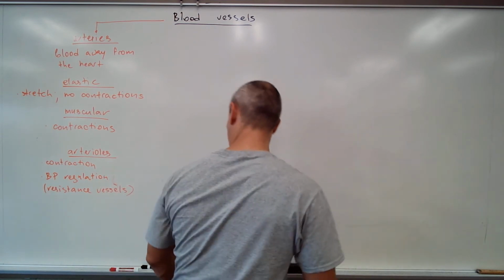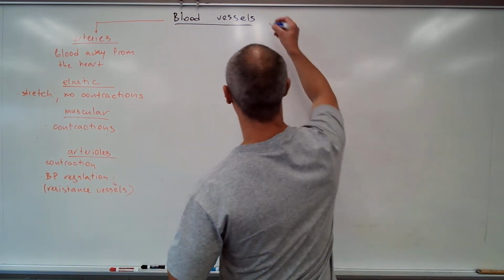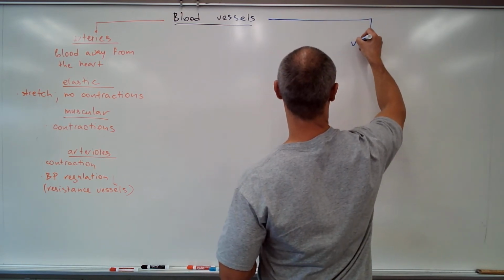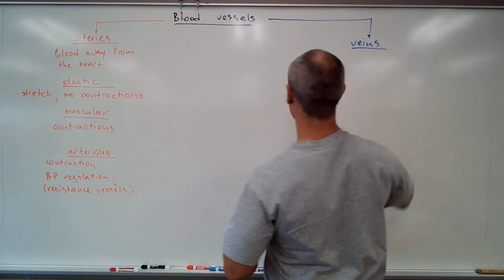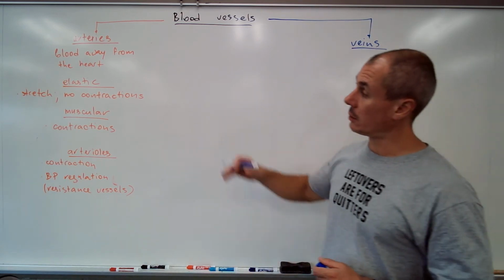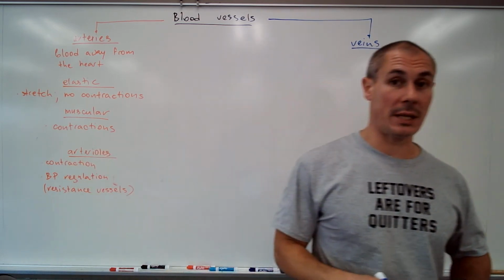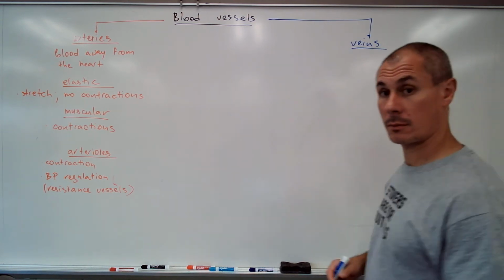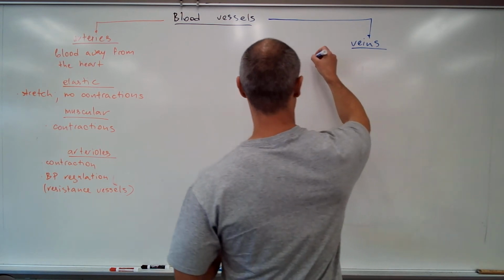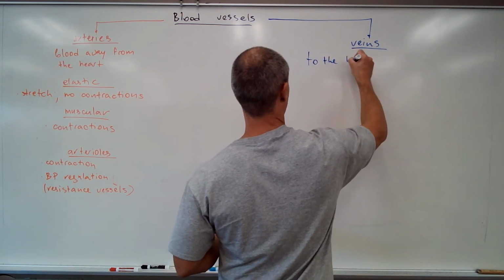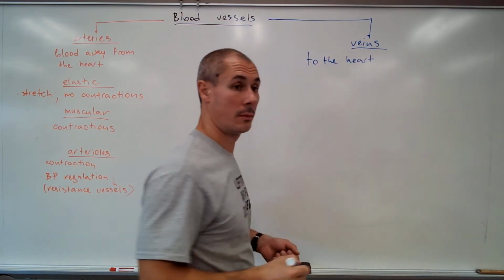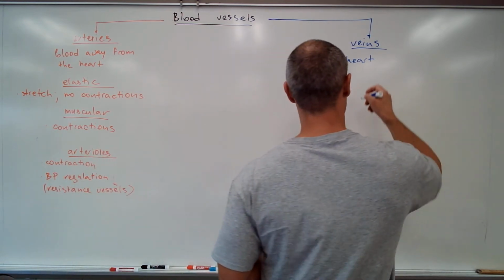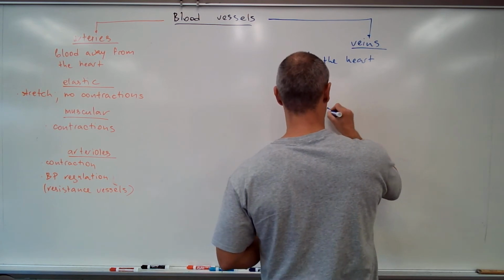Now, what about veins? Okay. So, there's not that many categories. Basically, we're talking about large veins, right? So they take blood to the heart. And within veins, check this out, there are smallest veins.